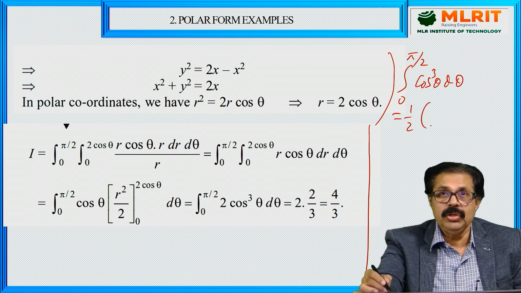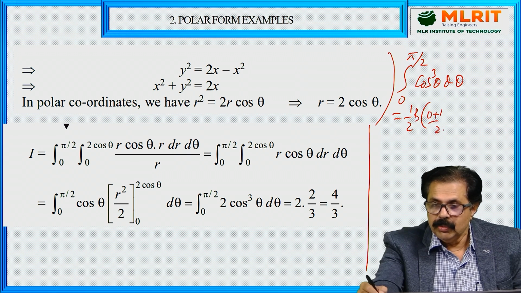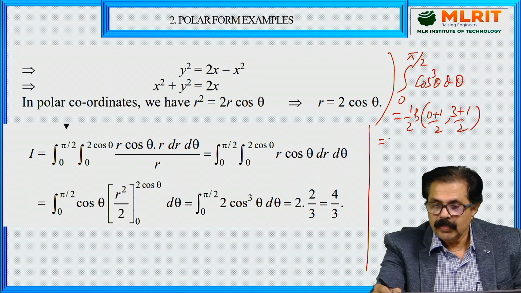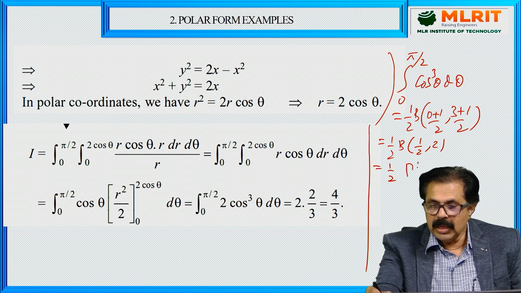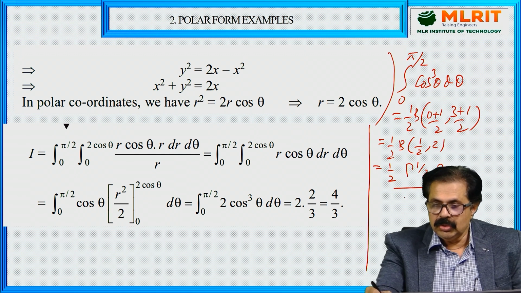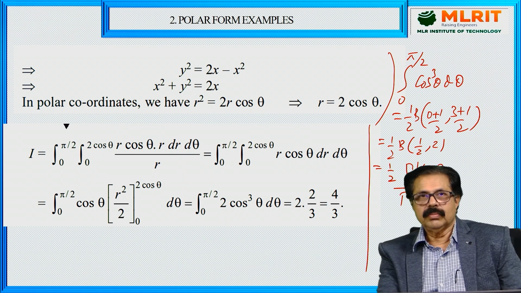Sine power is 0, so it is (0 plus 1) by 2, and cos power is 3, so (3 plus 1) by 2. Half beta (1/2, 2). Convert to gamma: beta(m, n) is gamma m gamma n divided by gamma (m plus n). So gamma 1 by 2 gamma 2 divided by gamma of half plus 2, which is 5 by 2.